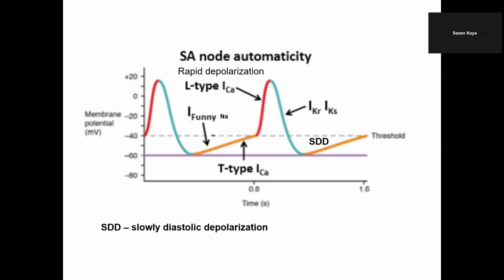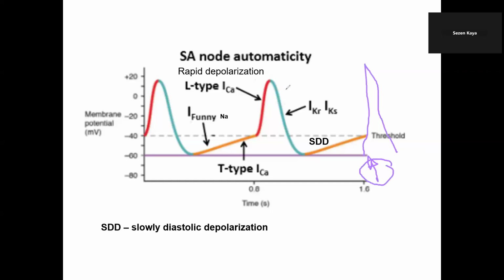Normally, I will remind you, when we are talking about an action potential in a muscle cell or neural cell, it works this way: a signal is created, we reach threshold, then depolarization, then repolarization. If there is no new signal, there will be nothing new.